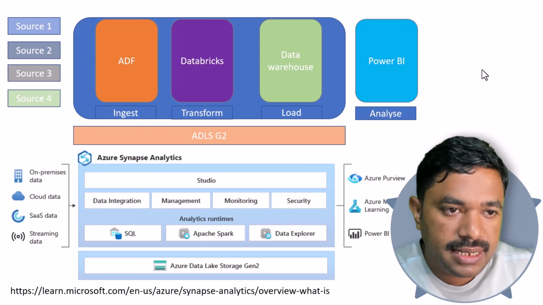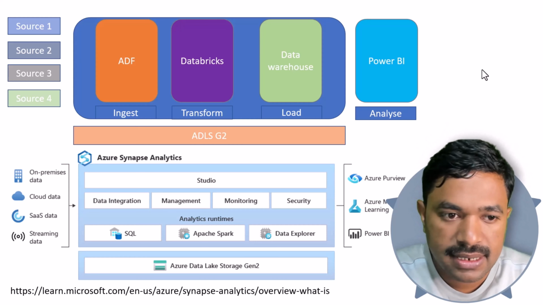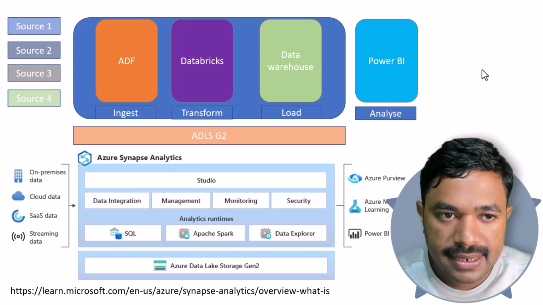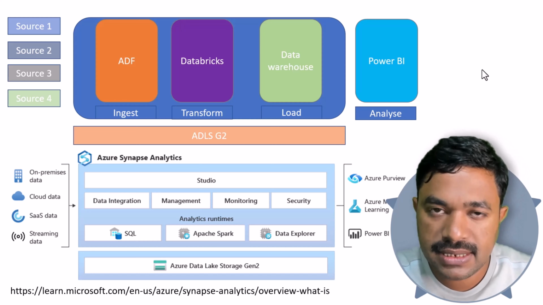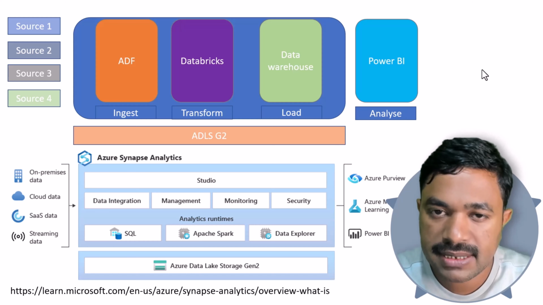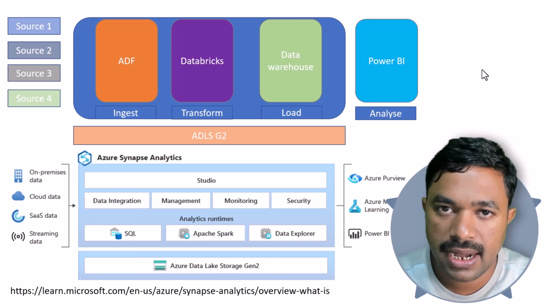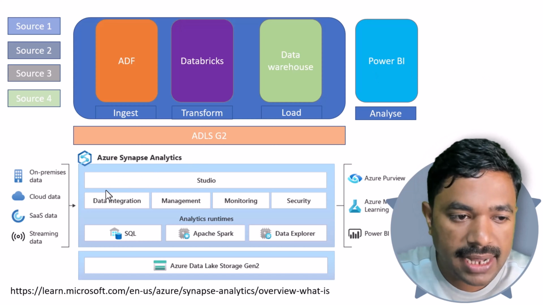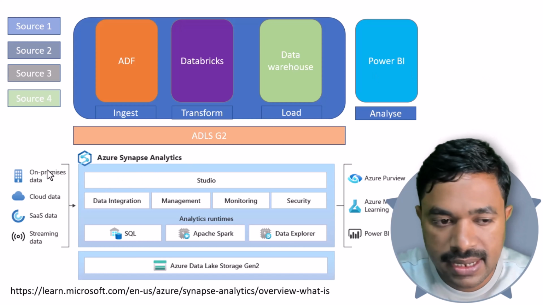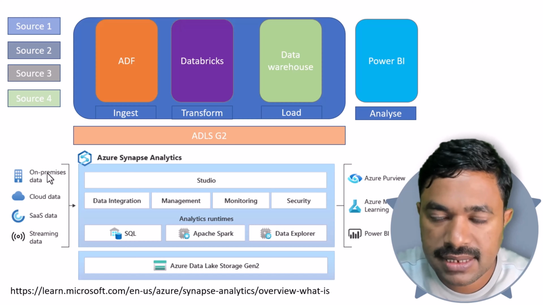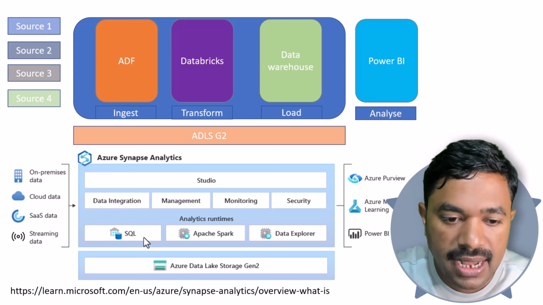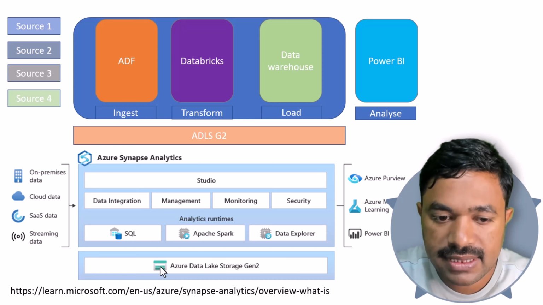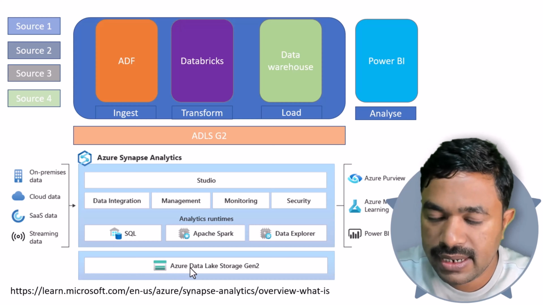You could see, similar to the previous architecture, for all the computing parts, instead of Azure Data Factory, Azure Databricks and a data warehouse, we could use Azure Synapse Analytics. This service allows us to access data from all the external sources, and it is integrated with Azure Data Lake.